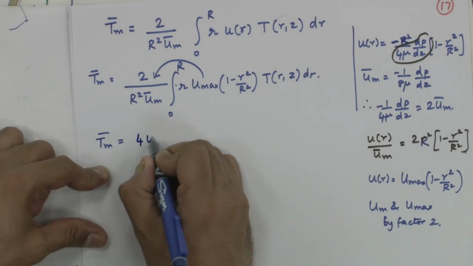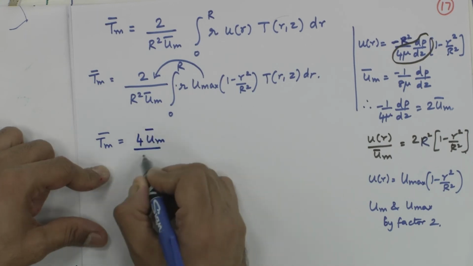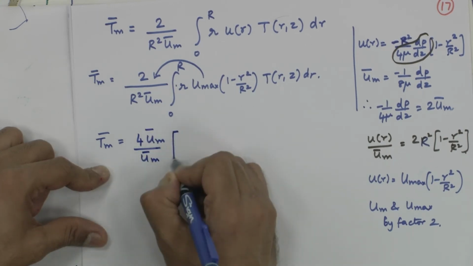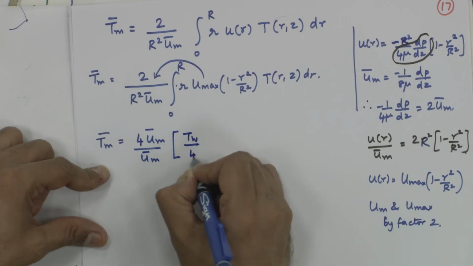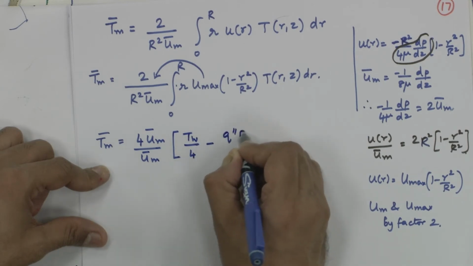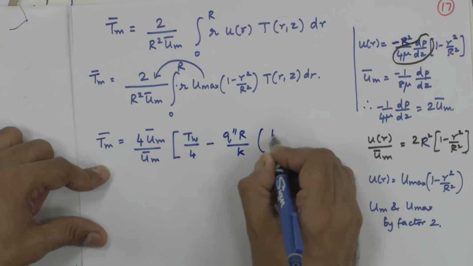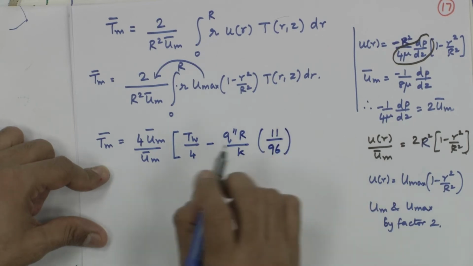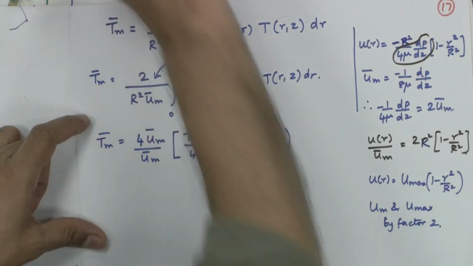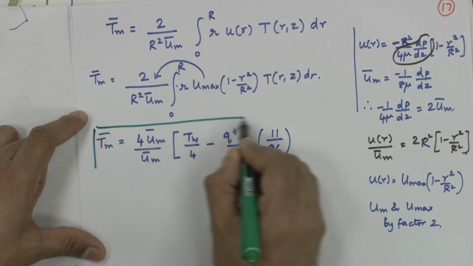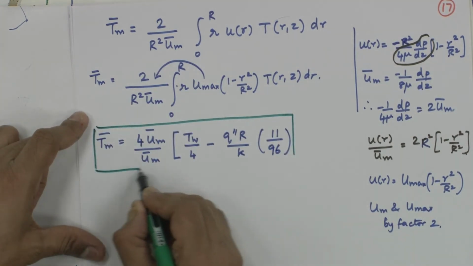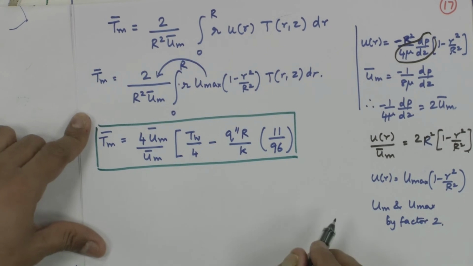4 u divided by u bar, T w by 4 minus q double prime r by k into 11 by 96. This is about one page of algebra which you will have to do on the board or tell the students to do. It is a good exercise to do this integration separately, and once you get this, I am left with simplifying this.